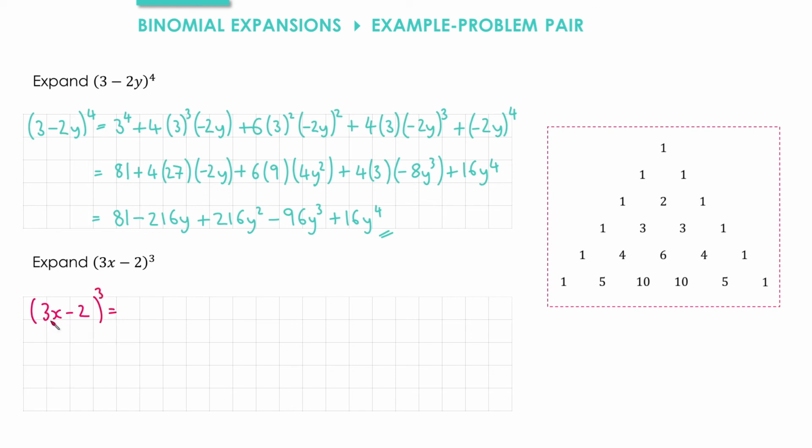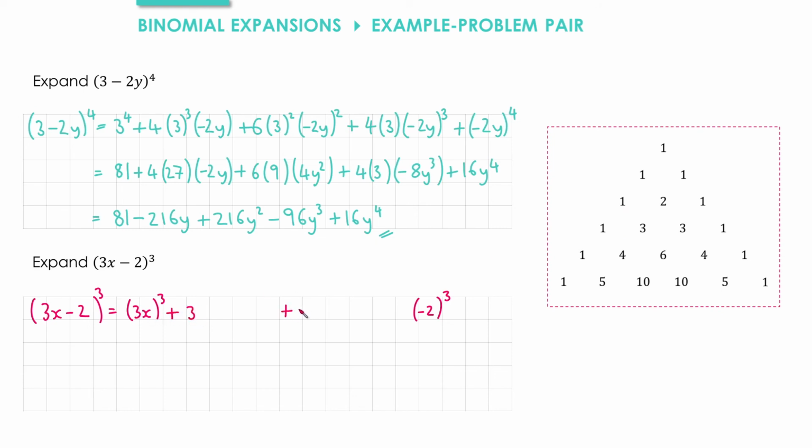So we'll start with the first and last terms. We've got (3x), we'll pop that in a bracket, all cubed. And then we've got (negative 2) cubed at the other end. Next, we'll do our binomial coefficients. We've got power 3, so we want the third row, 0, 1, 2, 3. We want 1, 3, 3, 1.